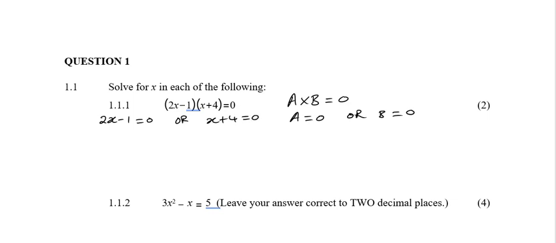So when we solve for x in this case, we transpose negative 1 to the right hand side, then I'm left with 2x is equal to 1, and then on the other side x equals negative 4. Then here I have to divide by 2 both sides, then x equals 1 over 2.